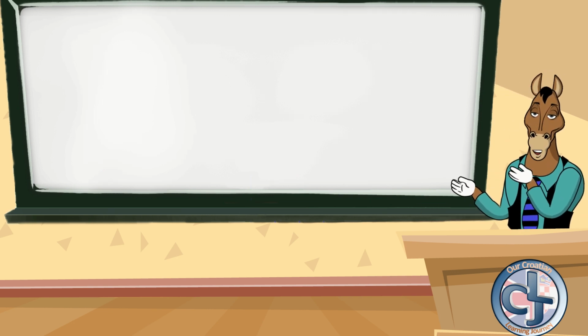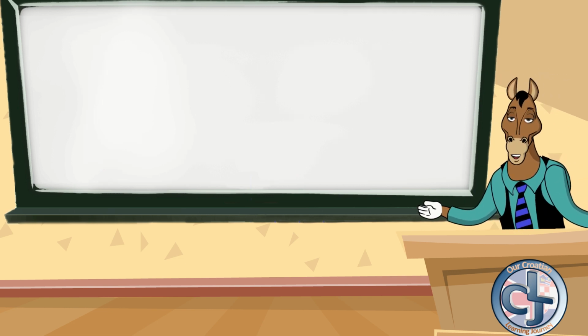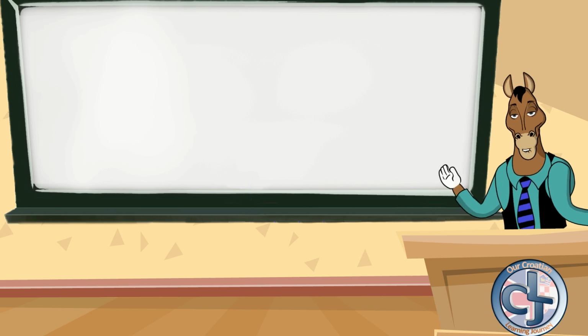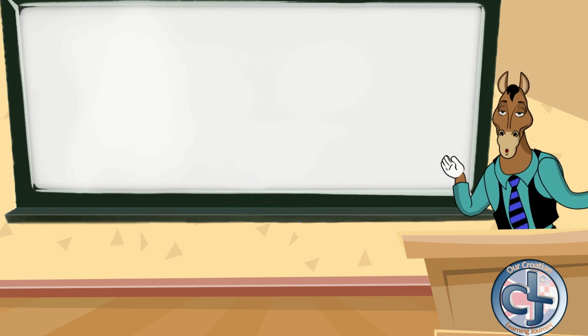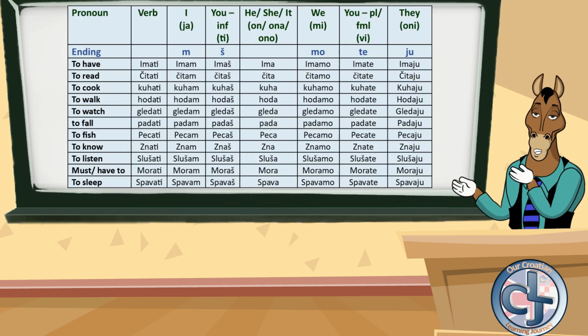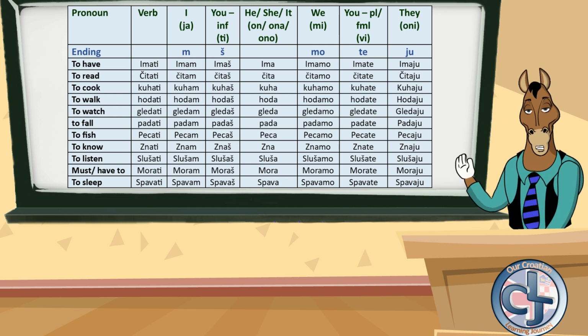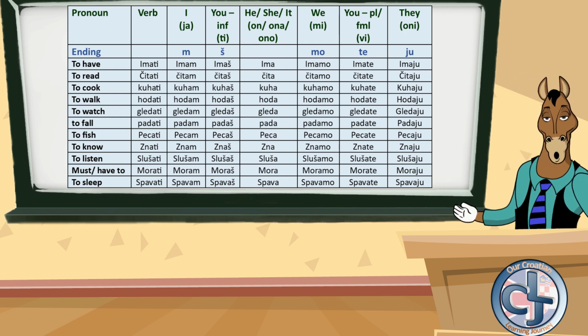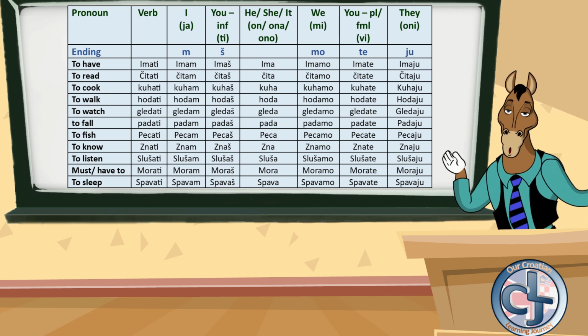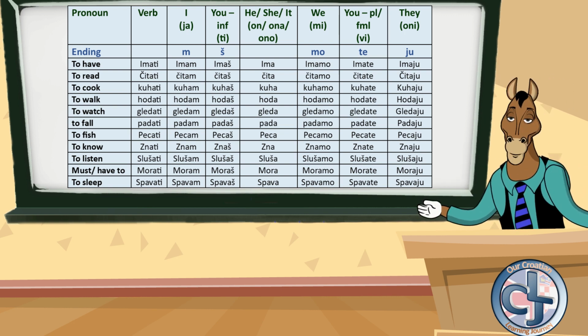Type 1 and Type 2 contain the largest number of verbs. Let's have a look at some of the more common verbs. And in this table from our Croatian Grammar and Dictionary, have a look in the description below to get a copy of this. You can see that the endings for each column are the same and only the stem of the word has changed.